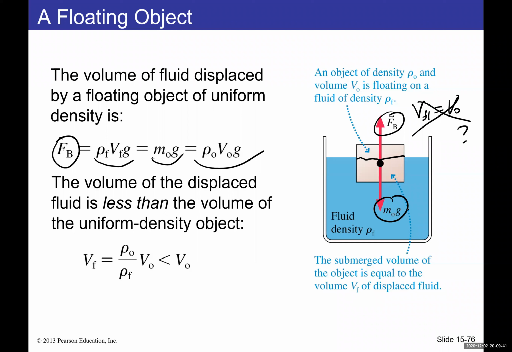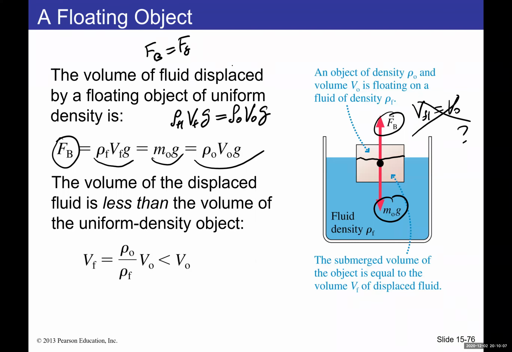That means we have neutral buoyancy, so those two are equal to one another. Density of the fluid times volume of the fluid times g equals density of the object times volume of the object times g, which is basically saying the buoyant force equals the gravitational force, but rewritten in terms of densities and volumes.